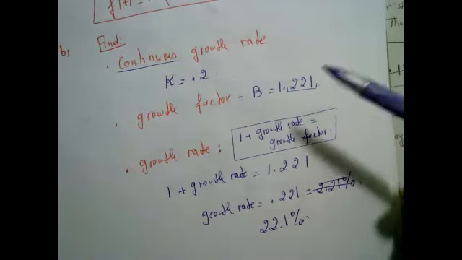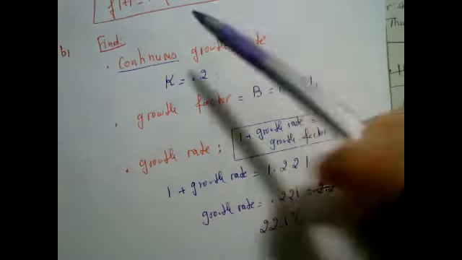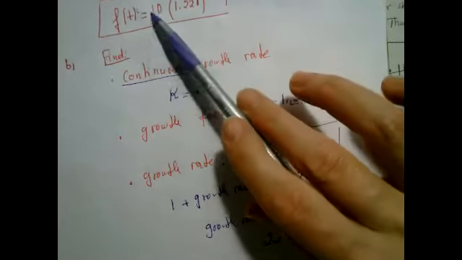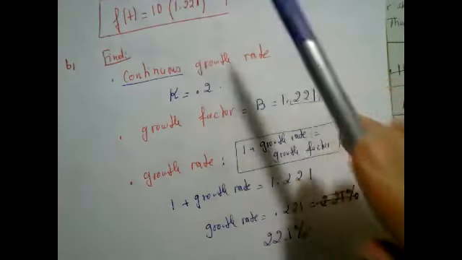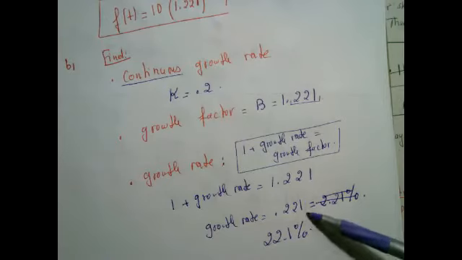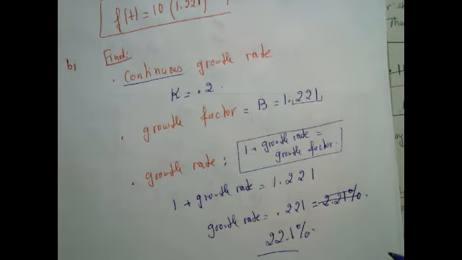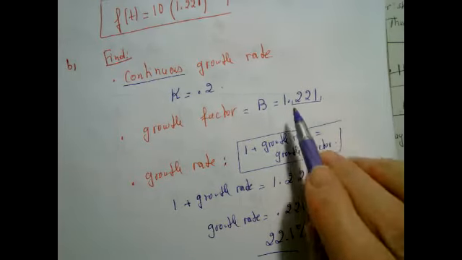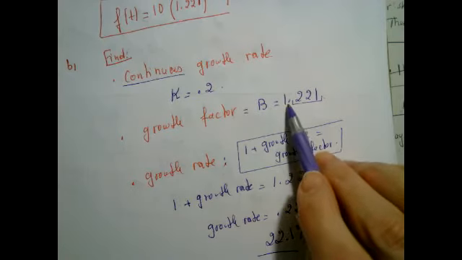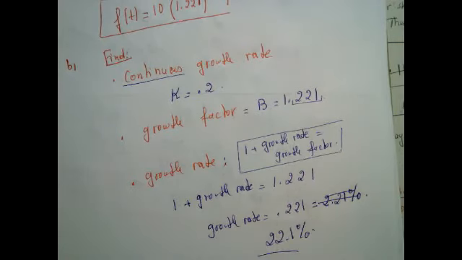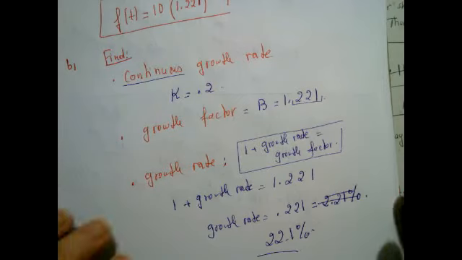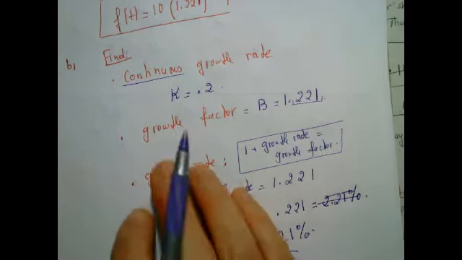So it means that this function represents something that starts initially at 10. It's growing by 22.1% every unit of time. So the growth rate tells you by how much it grows every unit of time, by 22.1%. The growth factor tells me that every year it's 122.1% of what it was the year before. It was what it was plus the rate of 22.1%. Okay, so that's the terminology that we have to use.